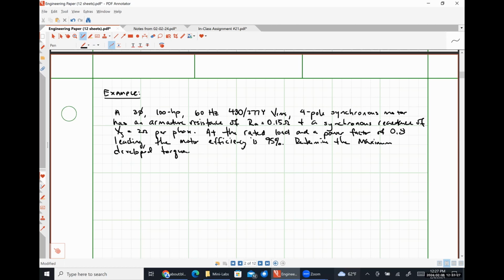So the interesting thing about a synchronous machine is that unlike an induction machine, it can actually be operated at a leading power factor, a lagging power factor, or unity power factor, right? So synchronous machines in an industrial setting can be established such that they provide some sort of active power factor correction whenever those machines are running.